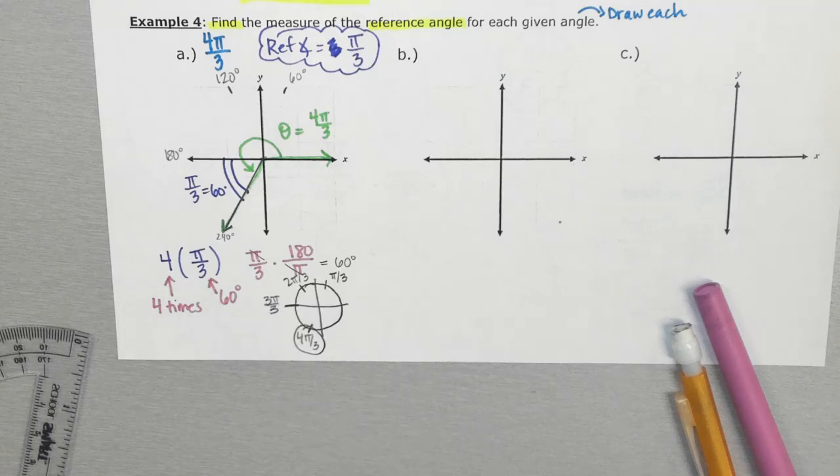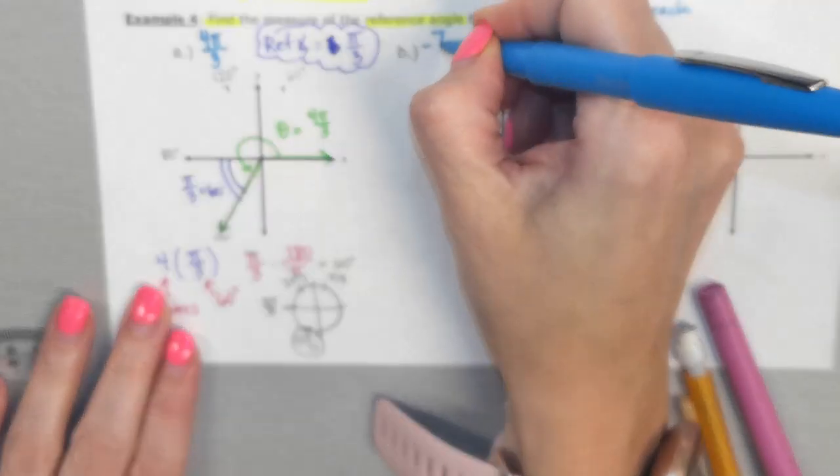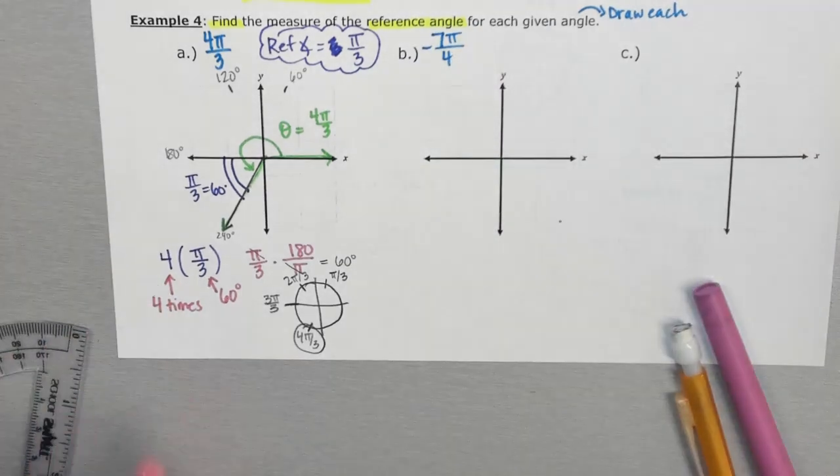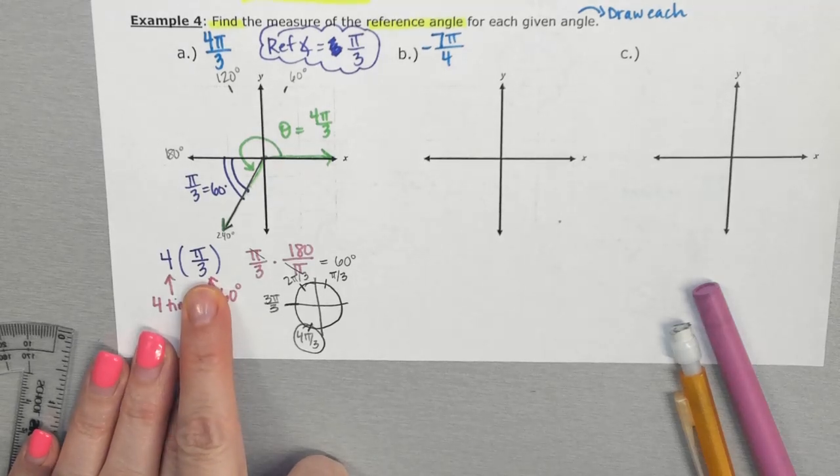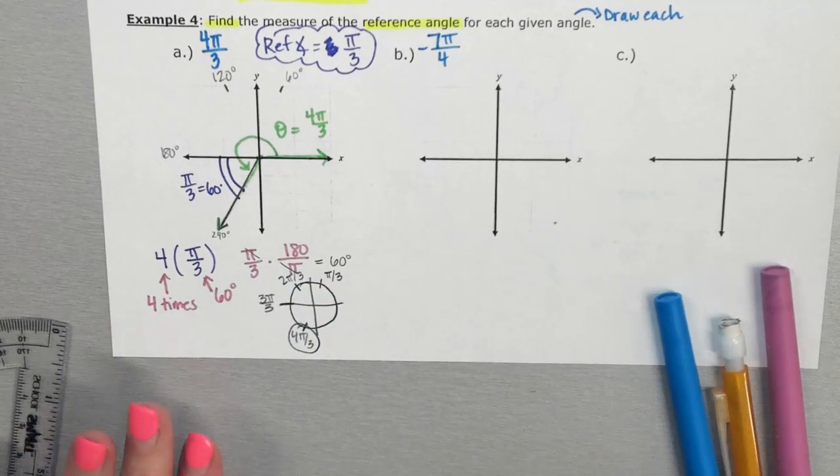All right, for B, we have negative 7 pi over 4. So do you guys think you can split that up the way I split up the 4 pi over 3 and find what the degree is of that radian value?